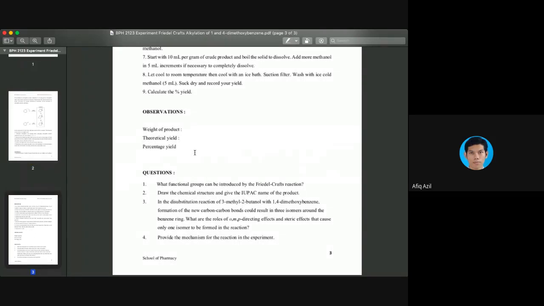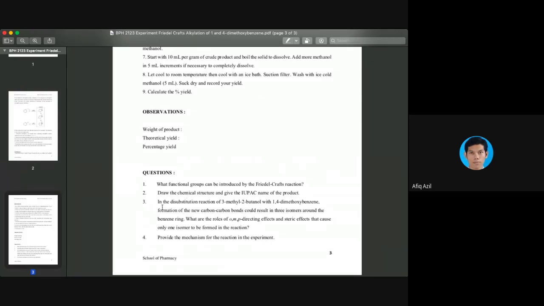So basically what you have to do is find out what is the structure of 1,4-dimethoxybenzene and what product you should obtain. So draw the chemical structure and give the IUPAC name of the product. Okay, so you have to find out the reaction pathway or the reaction equation for this synthesis.